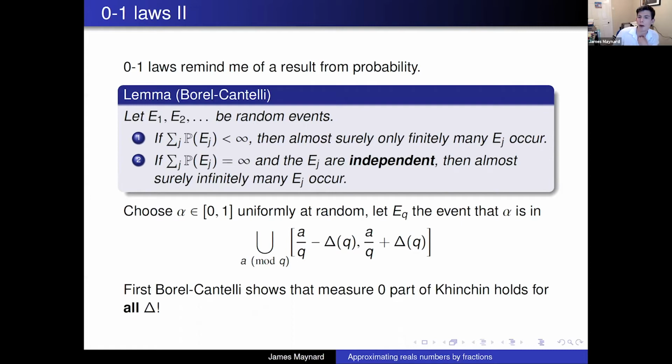Now, if we could show the events Eq were independent from one another, then this would extend Hinchin's theorem automatically to a completely arbitrary function delta. But unfortunately, the events Eq are not independent from one another. But you might hope that this is already guiding us along the path of proving an extended version of Hinchin's theorem.